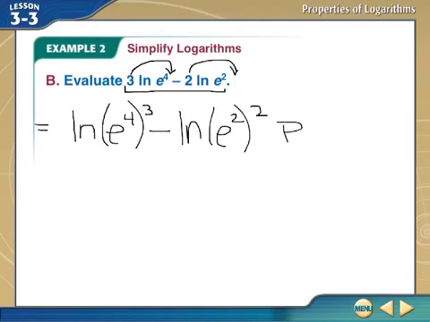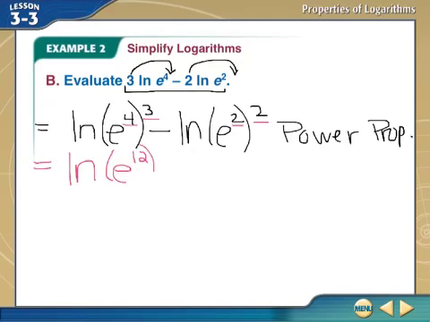So that's applying the power property, which we discussed in the last video. And I can simplify farther by multiplying my exponents here. When you raise a power to a power, that property is that we multiply the exponents. So really, I have natural log of e to the 12th minus natural log of e to the 4th. That is just applying the power to a power property.